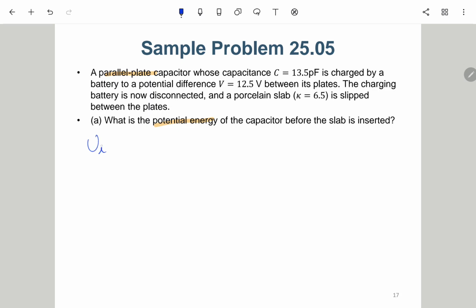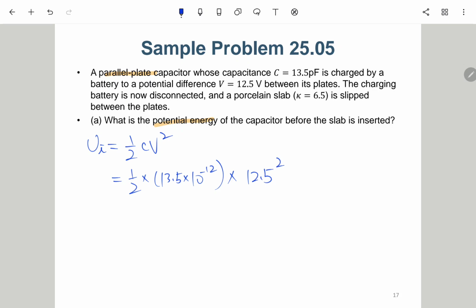So the potential energy UI should be 1/2 CV squared. Okay, so it should be 1/2 times 13.5 times pico, which is 10 to the negative 12, and then times 12.5 squared.